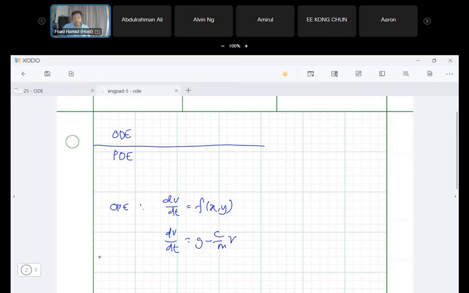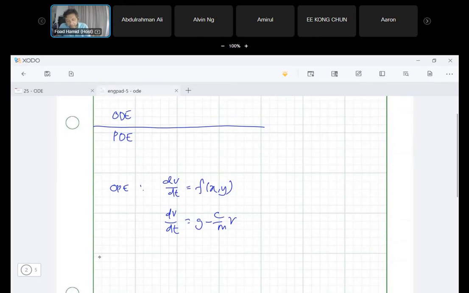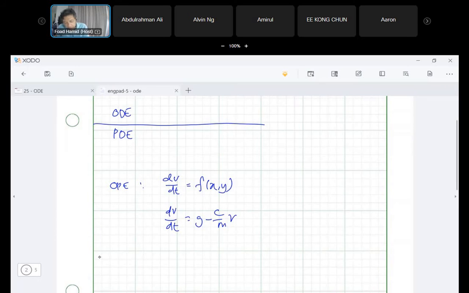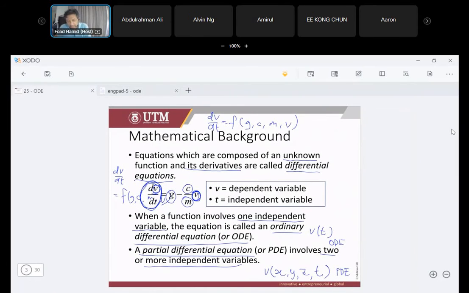That's the first thing. The next thing is the order of the ODE. Again, this is not something new to you. This is just a definition. So if you look at the next slide, this is the definition.